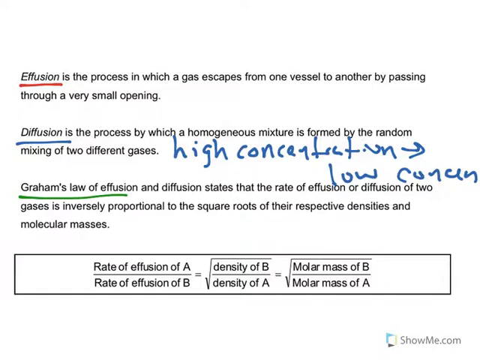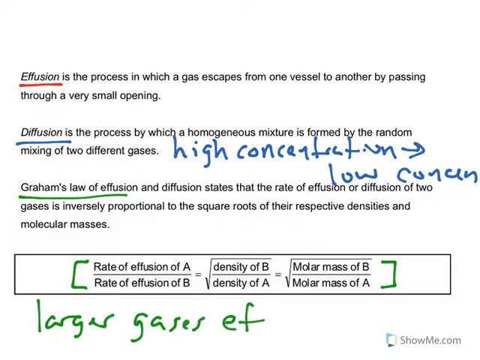You do not have to know this, nor do you have to use it, but you do have to understand the logic behind it. If you were to carry out this proportion where you're comparing the rate of effusion of one gas versus the rate of effusion of another gas, it's actually equal to the square root of the inverses of their molar masses. So what this really means is that larger, and by larger I mean more massive, gases effuse and diffuse slower, whereas smaller gases effuse and diffuse more quickly.